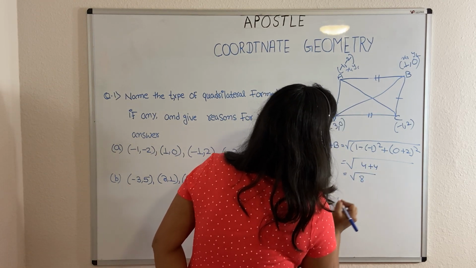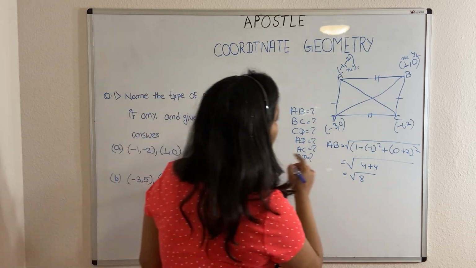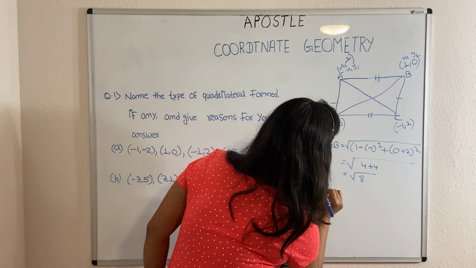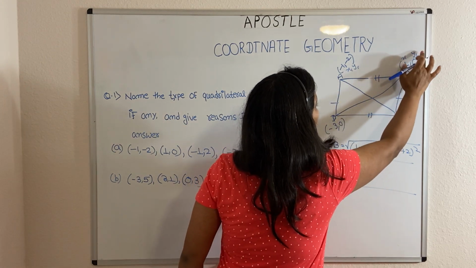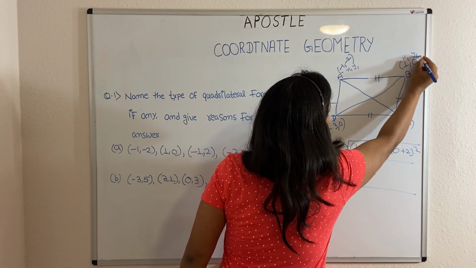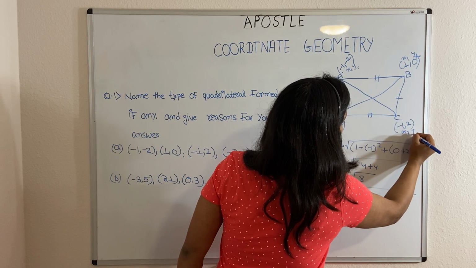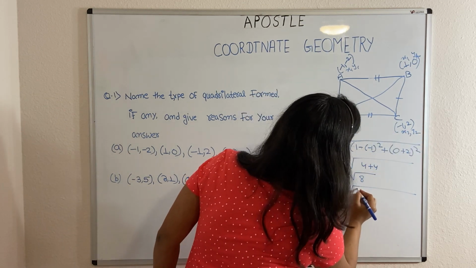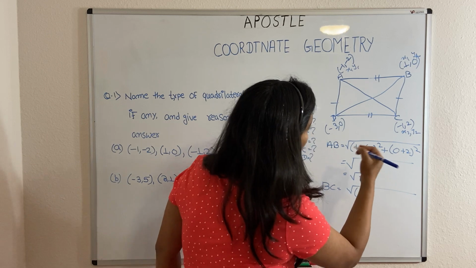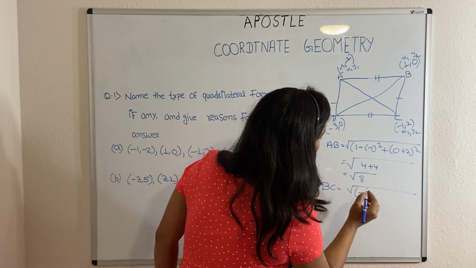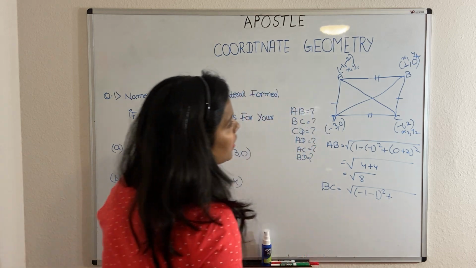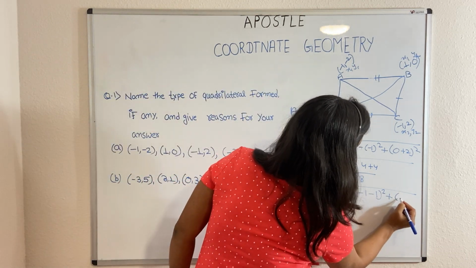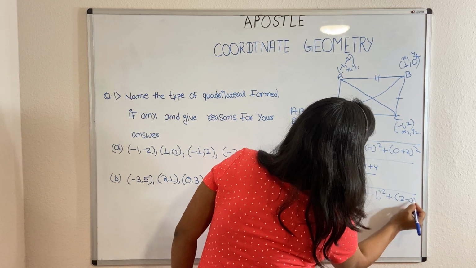Root 8. Clear? Now we have to calculate BC. For BC, this is our x1, y1 and this is our x2, y2. So (x2 minus x1) is (minus 1 minus 1) whole square plus (2 minus 0) whole square.